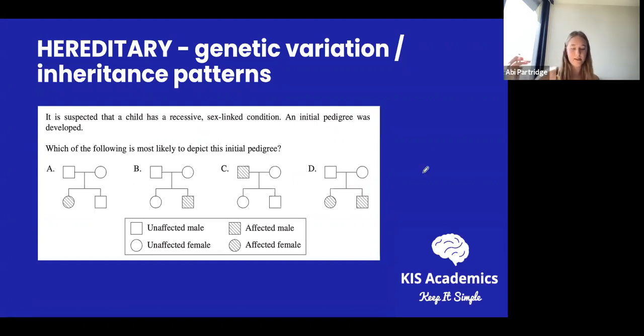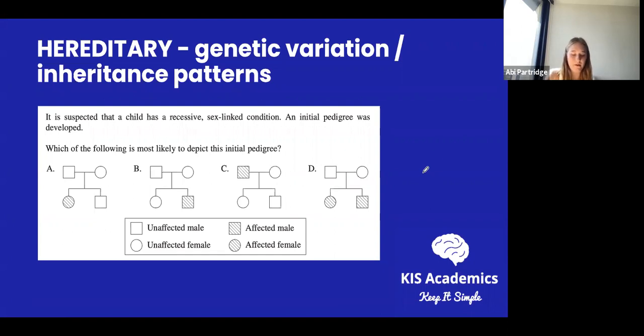So it says that the child has a recessive sex-linked condition. Starting off, we can look at A, and we know that for a girl to get a sex-linked recessive condition, it means that both her mother and father have to have the condition on their X chromosomes.